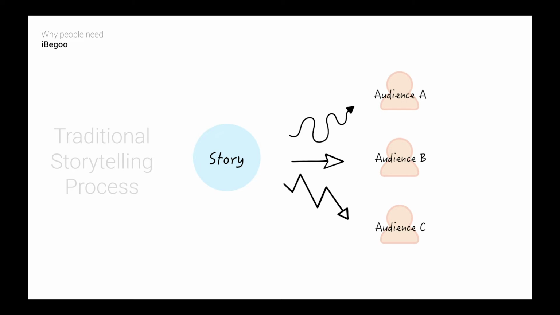For example, if I want to tell about how I celebrate Christmas Day in the United States to 3 different audience groups. Let's say the first group is friends in the United States. Maybe they get my story right away because we share a similar culture here.